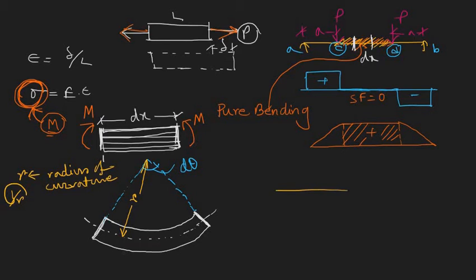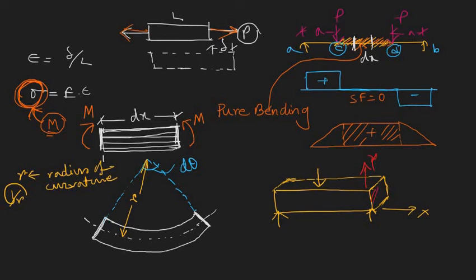And by the way, what is the neutral axis? Well, let's say this was your beam, this was the support, and you have applied a load. In this case, let's say this is the x direction and this is the y direction.